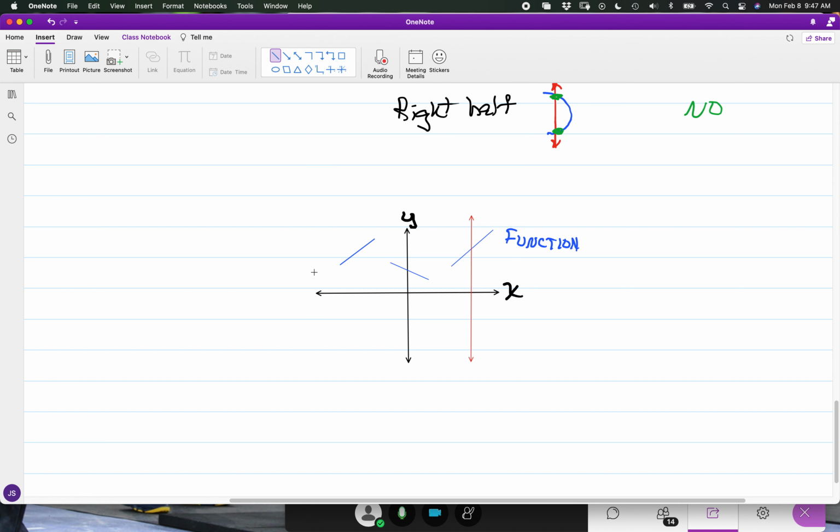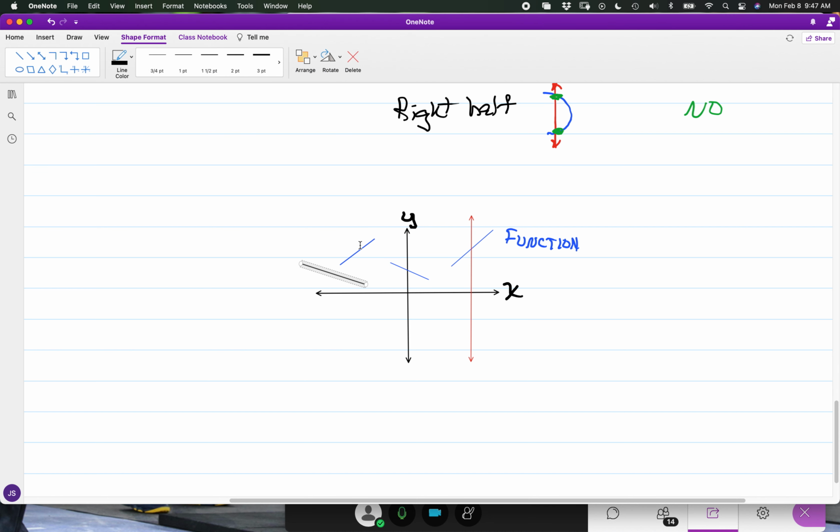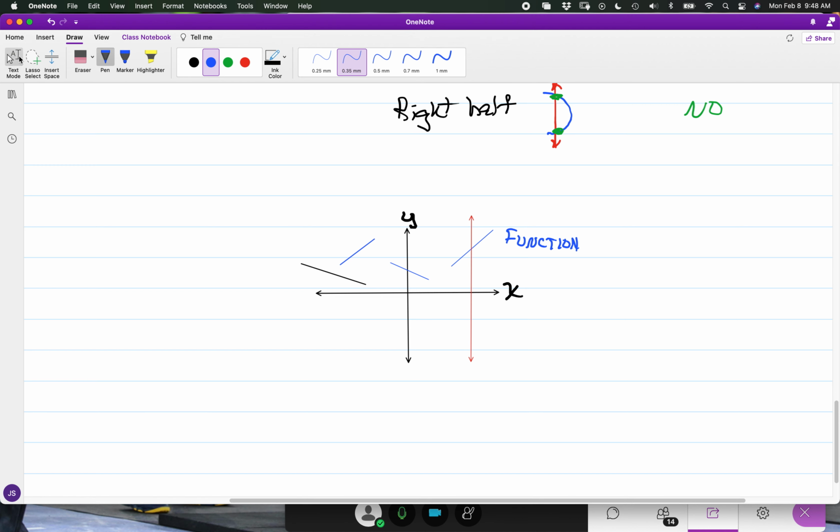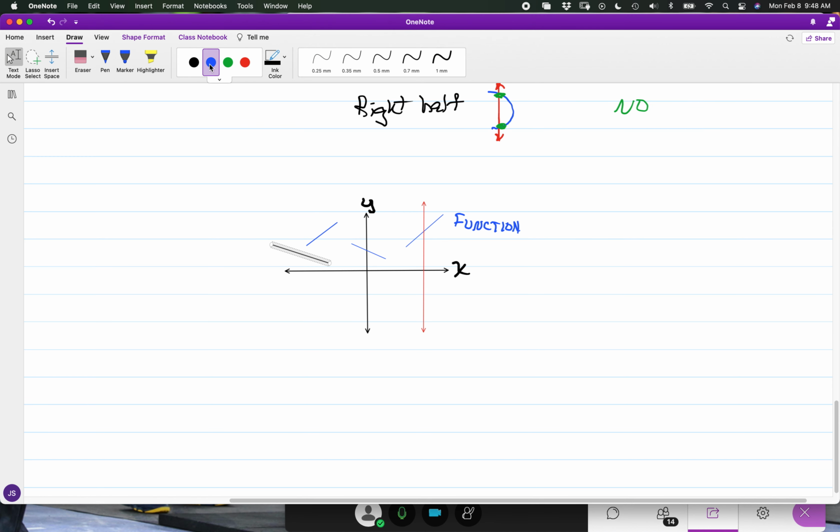I have almost the same thing once again. If I ran a vertical line, upon adding this particular segment, there's a location where you have the same x value and 2 points of intersection.